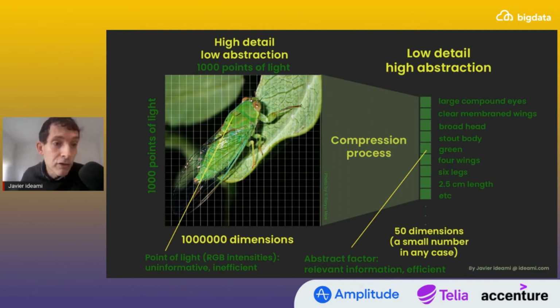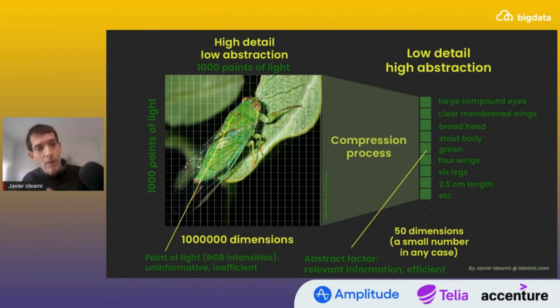It's really useless information. But if we take all of those millions of dimensions and we compress them into just 50 or 100 factors, and each of those dimensions or factors expresses something really useful and relevant, like, for example, what is the shape of the body of the creature, how many wings it has, something about the color of the skin of this insect, etc., then this is way more relevant data.